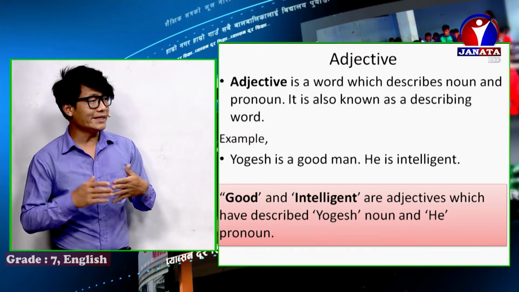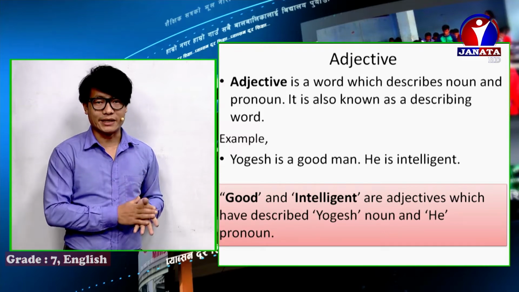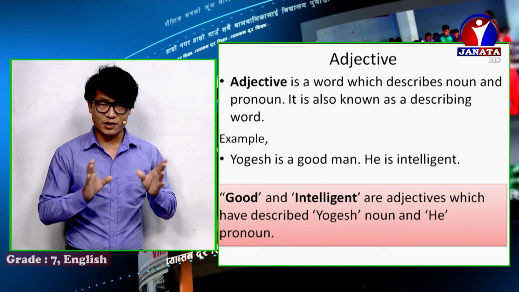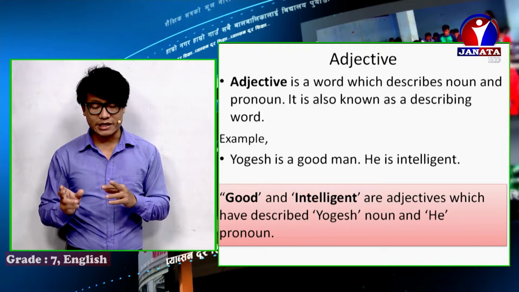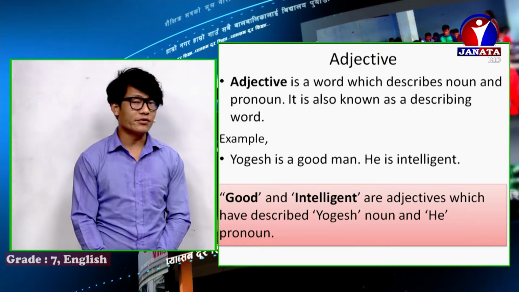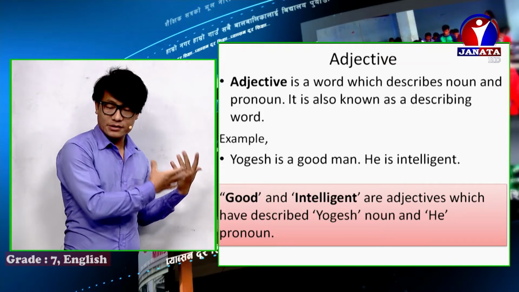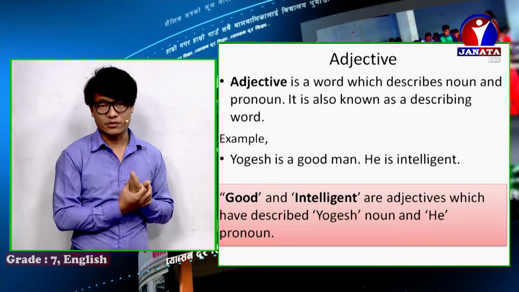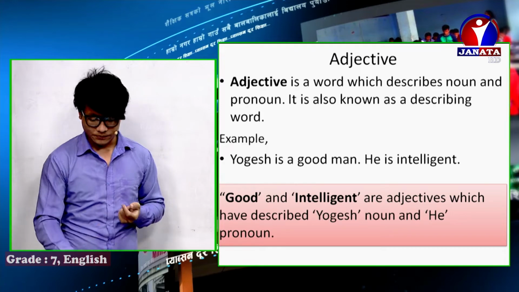Good and intelligent are adjectives which have described the noun Yogesh and the pronoun he. And there are different types of noun. Obviously, you know, the previous time we discussed the noun and even the pronoun.